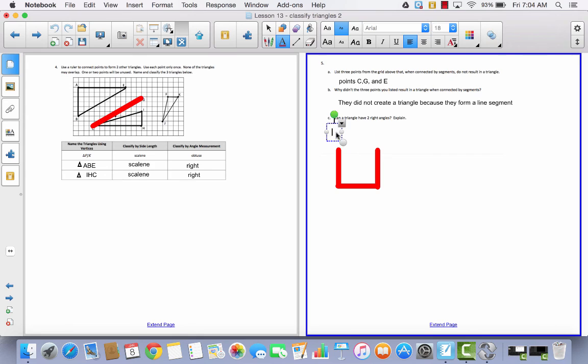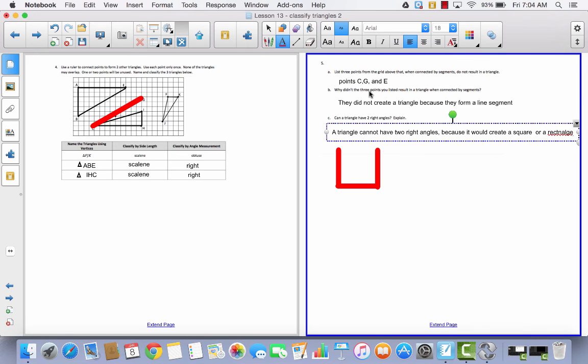So a triangle cannot have 2 right angles because, having a hard time typing today, it would create a square or a rectangle instead.